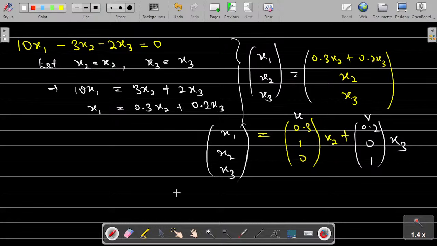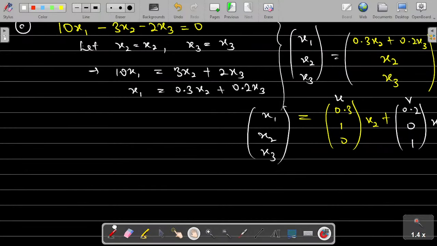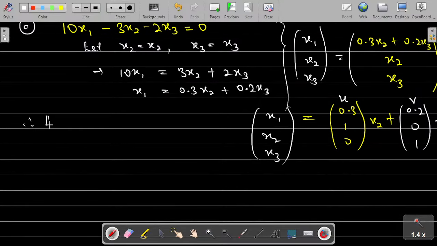Therefore the vectors are u equal to 0.3, 1, and 0, and v equal to 0.2, 0, and 1.